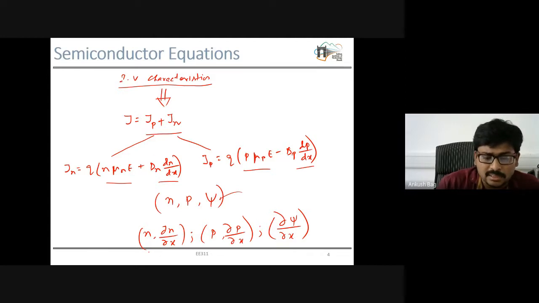So these are the three parameters. If we can calculate them for each point of this semiconductor device, then we eventually get the IV characteristics mathematically. Following this, in case of steady state condition, as we know there are different conditions like steady state and thermal equilibrium.